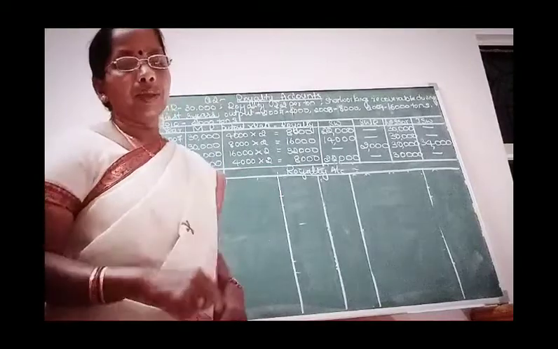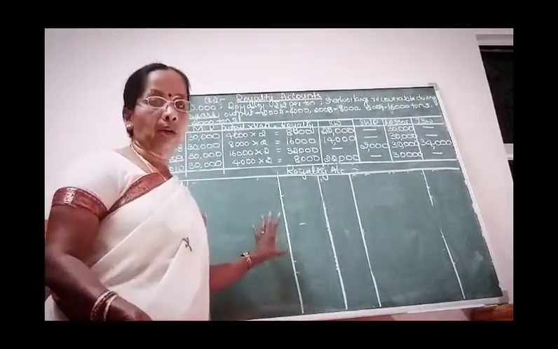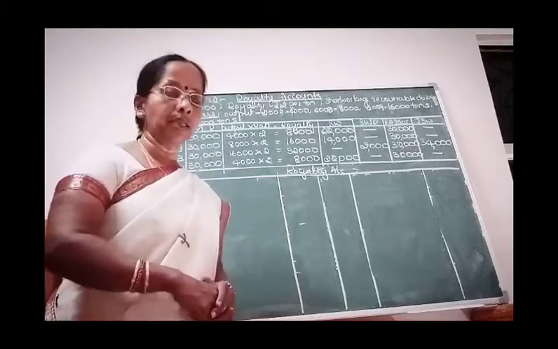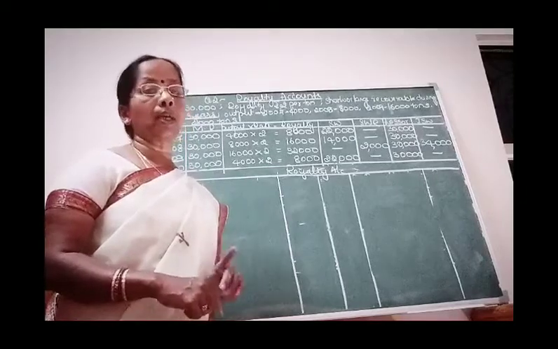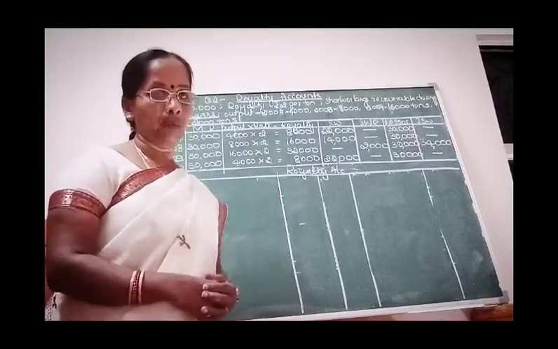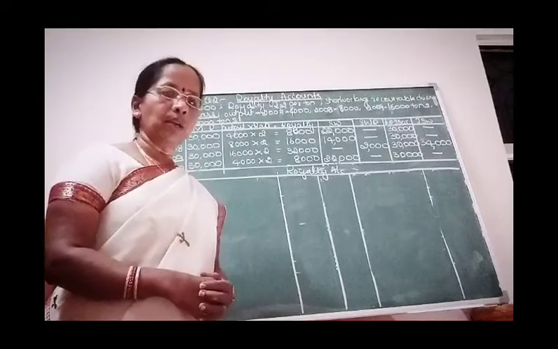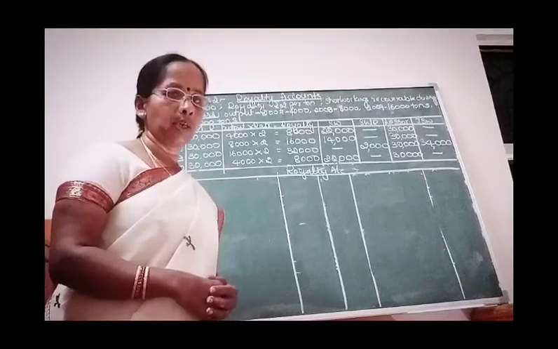So remember one thing, royalty account gets closed like minimum rent account only. There will not be any balance in royalty account. Only in case of short working account, we will come across the balance to be carried down or brought down. Royalty account will not have anything to be entered for balance carried down or brought down. Right?